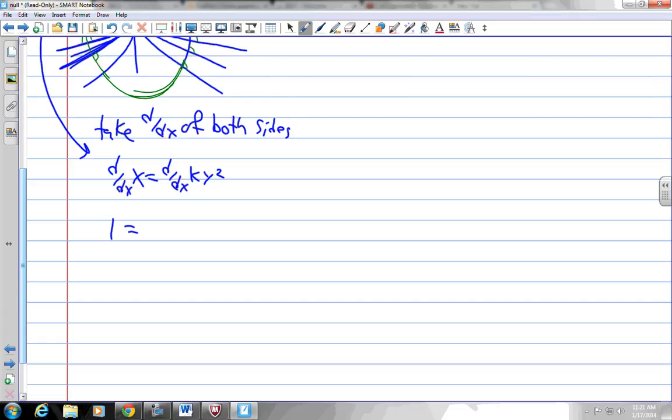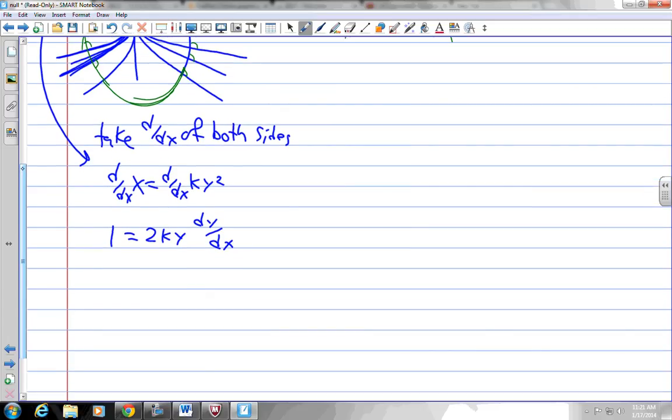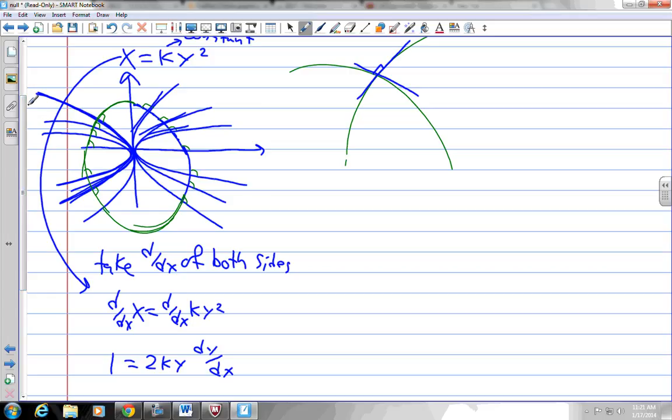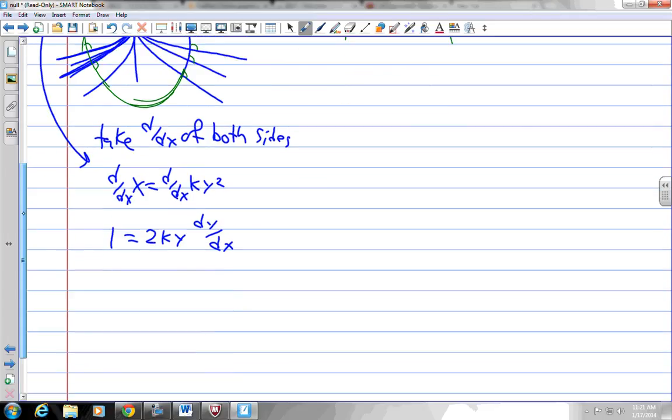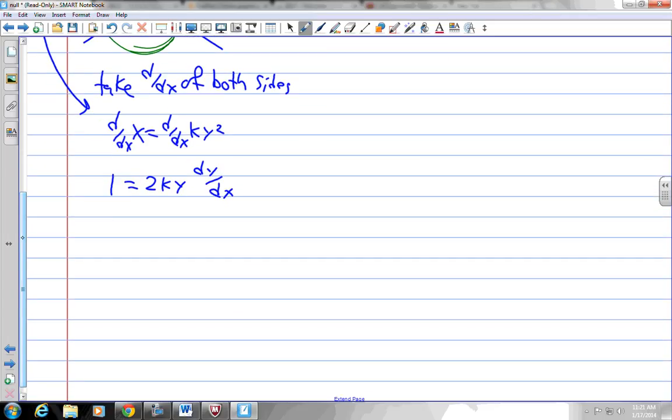What do I get on the right? The derivative done implicitly, 2ky dy/dx. Well, k is just a constant in this case, because the only thing k does is tell me what the parabola looks like, whether it goes left or right, things like that.